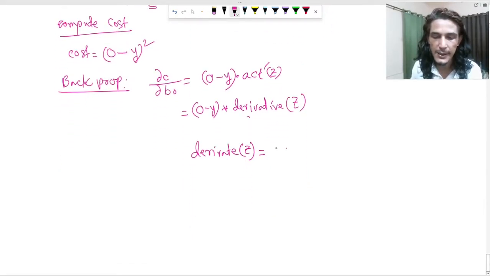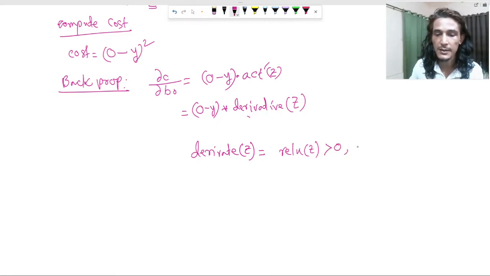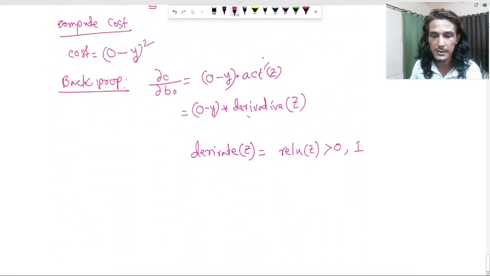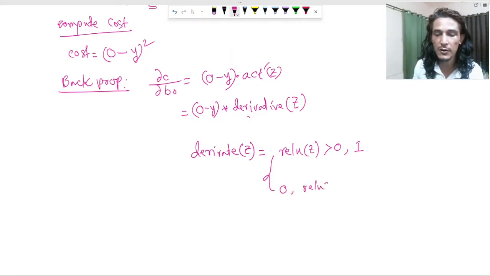Now let's put it like, what is this derivative of Z then? If the output of ReLU is greater than 0, then return 1. Otherwise it will be 0, otherwise meaning if ReLU of G is less than or equal to 0.